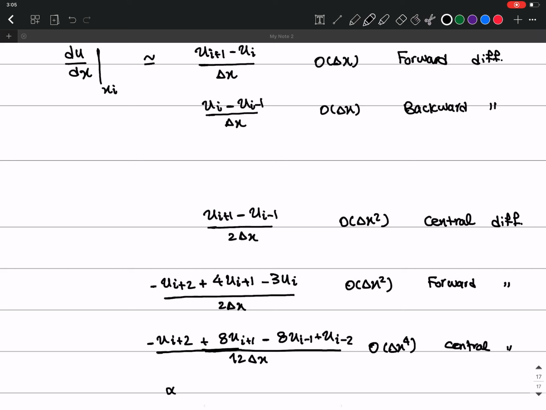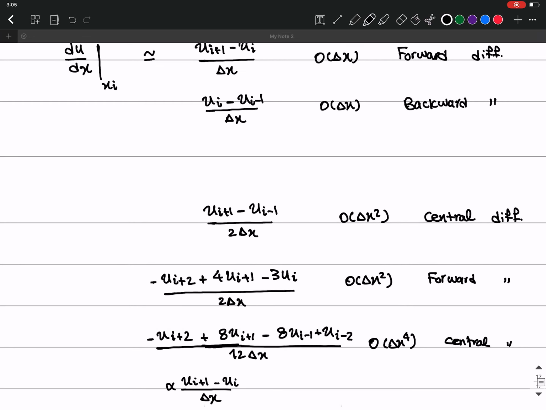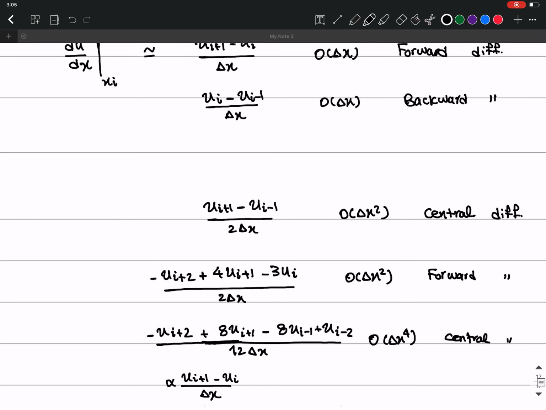So I'm going to use alpha times (u_{i+1} minus u_i) over delta x, and then I'm going to add to that the central difference: (1 minus alpha) times (u_{i+1} minus u_{i-1}) over 2 delta x.